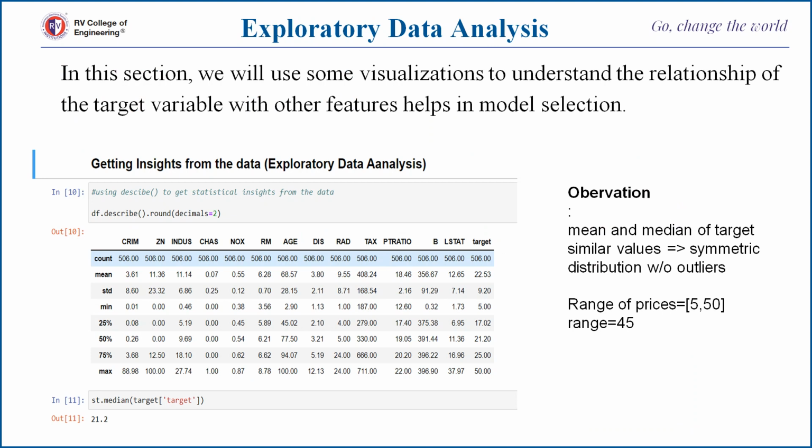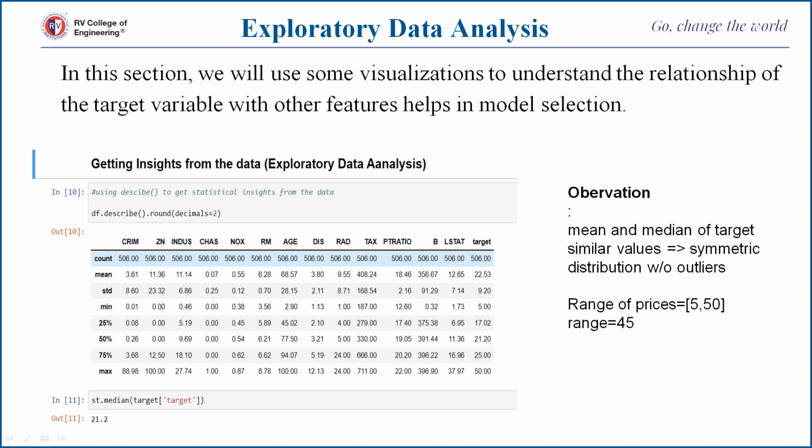Now, the EDA step. In this section, we will use some visualization techniques to understand the relationship of the target variable, or house prices, with the other input features, which helps in the model selection. Using the describe function to get statistical insights from the data, we can observe that for the target or house prices, the mean and median have similar values.